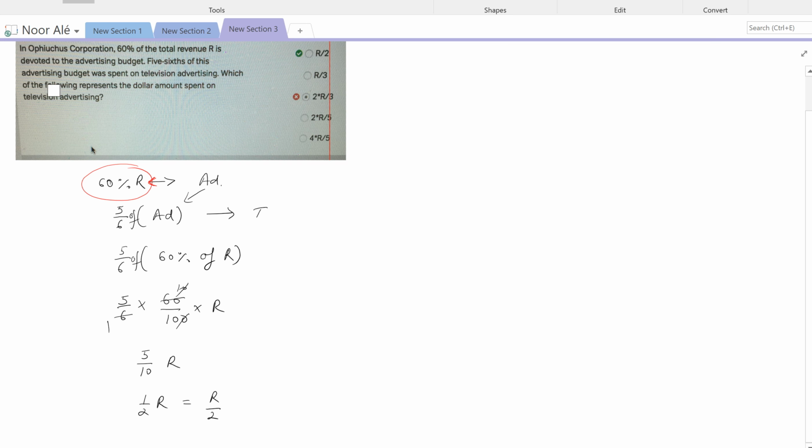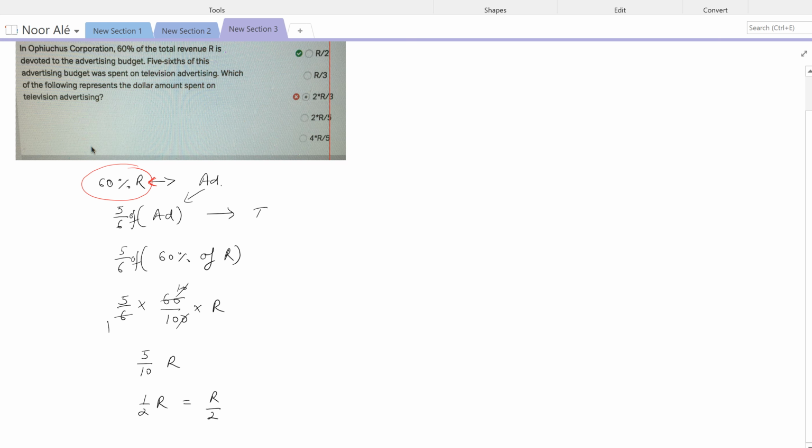I'm not reading the whole thing. 5/6 of the previous thing is TV advertisement. At the same time I'm writing down the equation. The question is pretty straightforward: what is that in terms of R? And we simplified it.